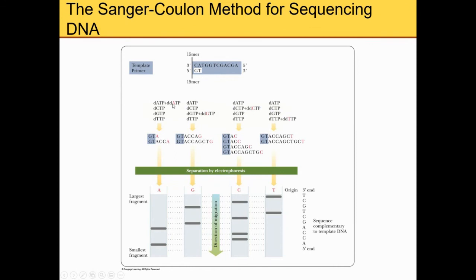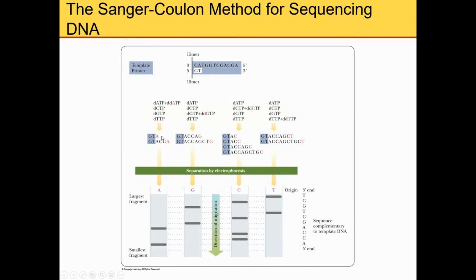That means not only does the 2' carbon not have the oxygen, also the 3' carbon's hydroxyl group has been replaced. The oxygen has been removed, and so as soon as you incorporate the dideoxy A here, right, then the reaction will stop.